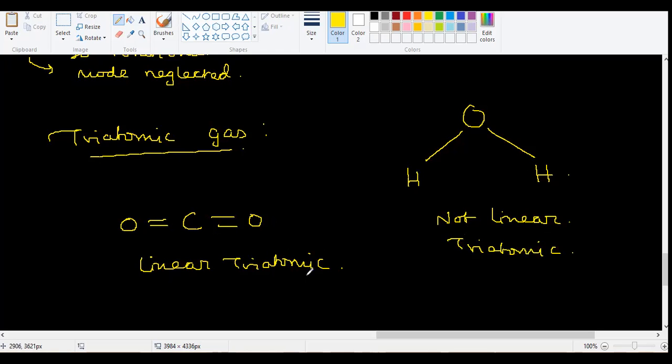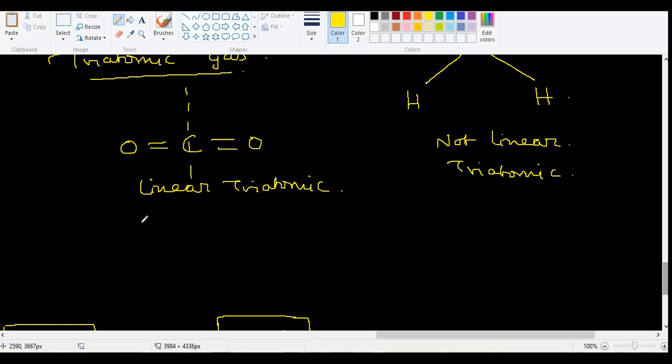So if you consider linear triatomic, it's very similar to the diatomic. Why? Because the rotation about the x-axis and the rotation about the z-axis will make sense. But if you see it from the side, the rotation about this will be similar to diatomic.